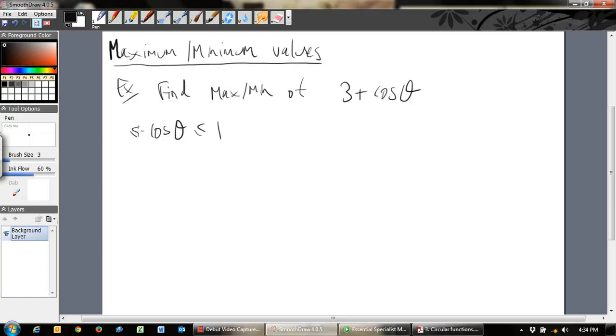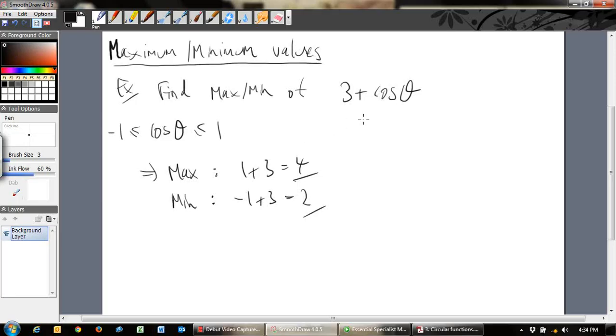It can only go to 1, and it can only go as low as -1. So the maximum is 1 plus 3, which is 4. The minimum is -1 plus 3, which is 2.